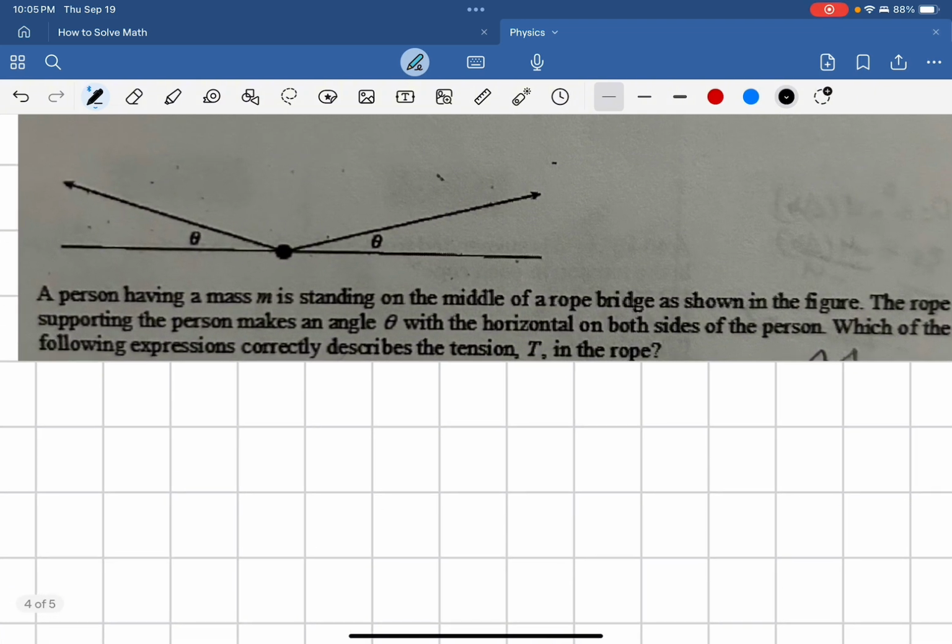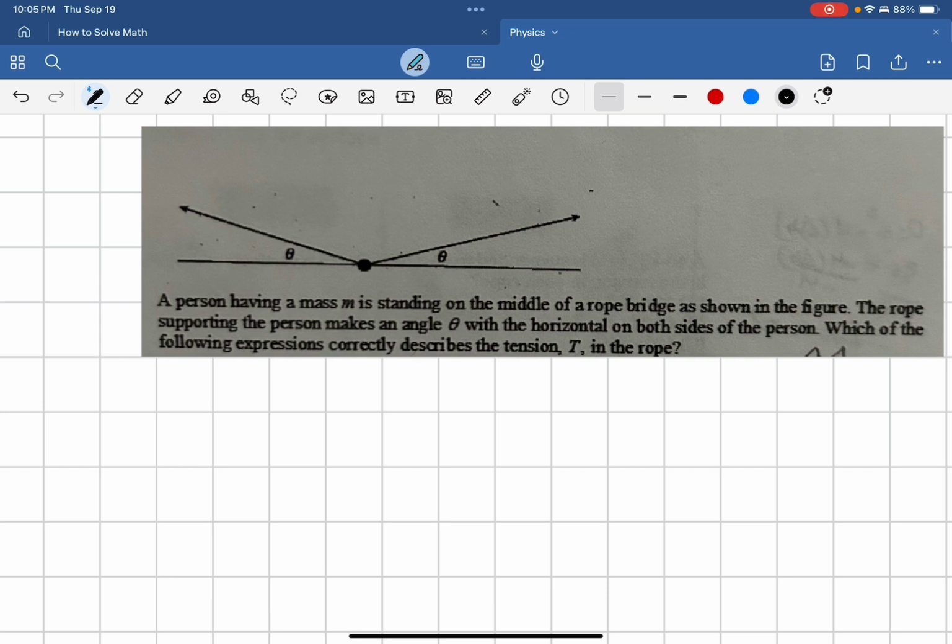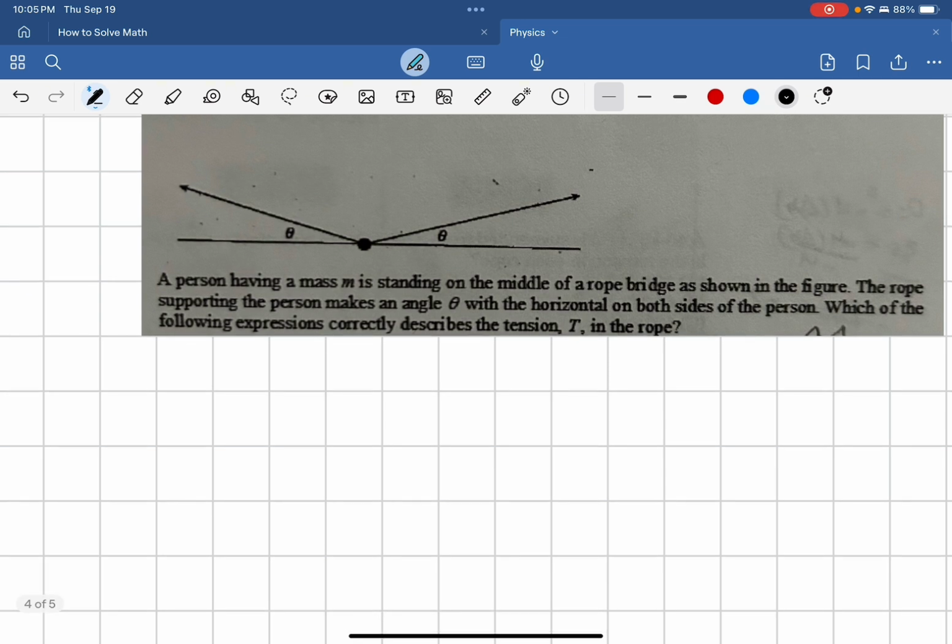Here we have another tension problem. We don't have actual numbers though, so basically what it's telling us is that this guy is a mass, and F of g is equal to mass times gravity. Since he's not on a surface, the rope is supporting him, and I'm assuming both are equal.